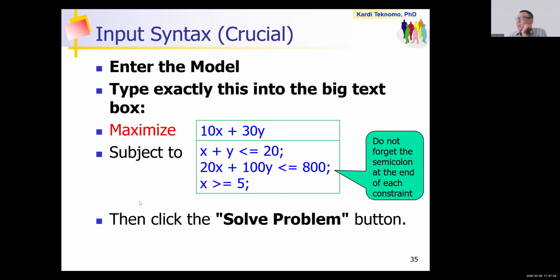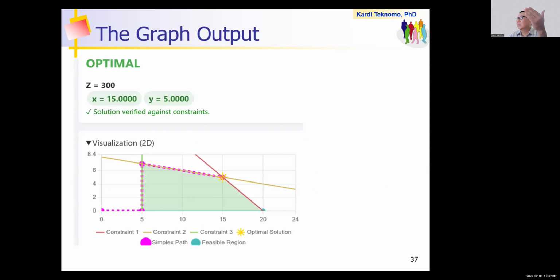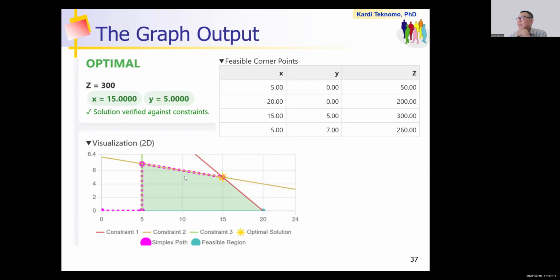Once you have this, last time we discussed that you will get something like this, right? This is the optimal value, with four visible corners.